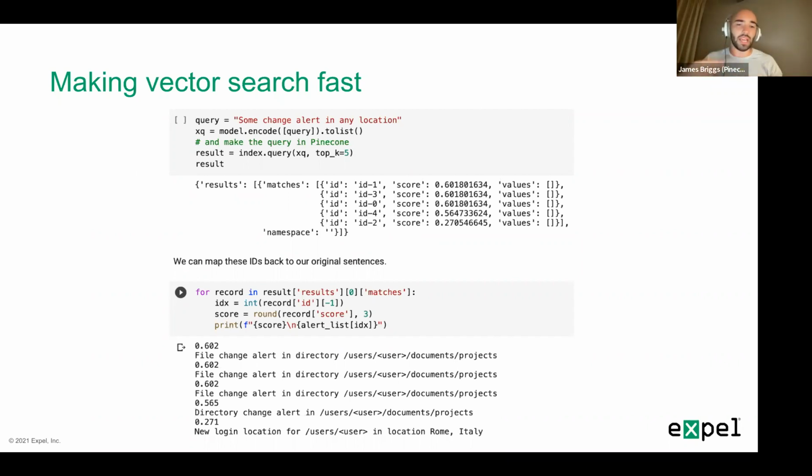And what you can see at the bottom there is the similarity score. So you can see the first 4, which are either file change or directory change, score much higher than the final one, which is a new login location. So we're searching in a more human-centric way and actually defining the meaning behind our query, not based on matching words, but based on the meaning.